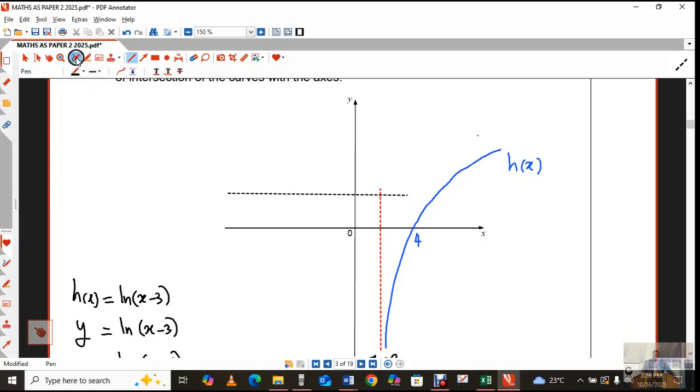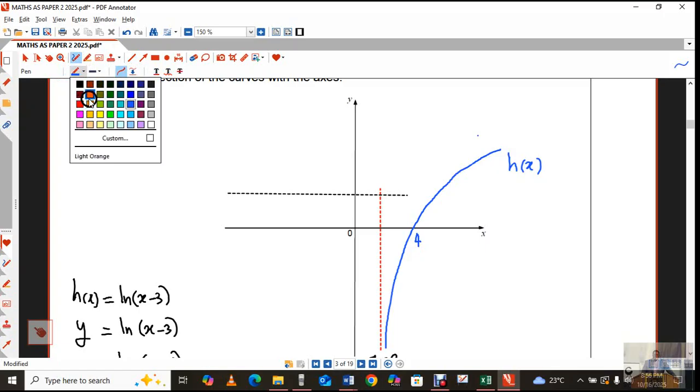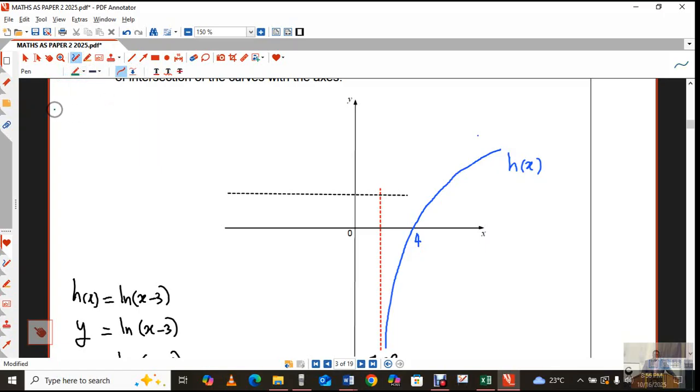This is the line y equals 3. So it's just going to be the opposite. So here, this h of x is cutting the x-axis at 4. And our other one, the inverse, will cut the y-axis at 4.